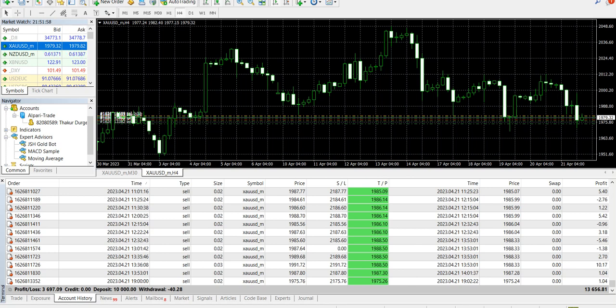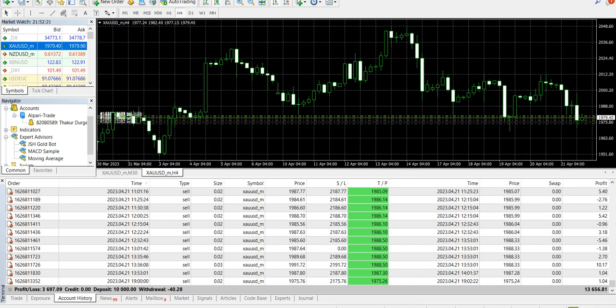The market reached over here, and it was very close, almost at the TP, but our TP didn't close because on the cent account even the spreads are high. Then it took many days, from 14th, then on 17th it hit it again, right?